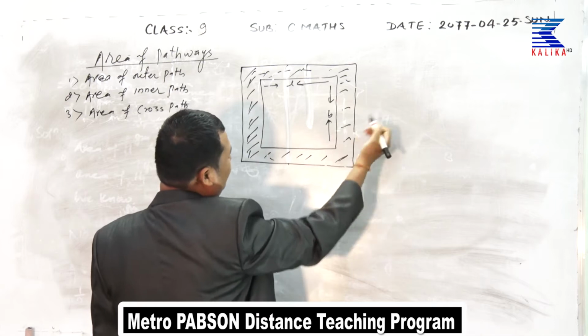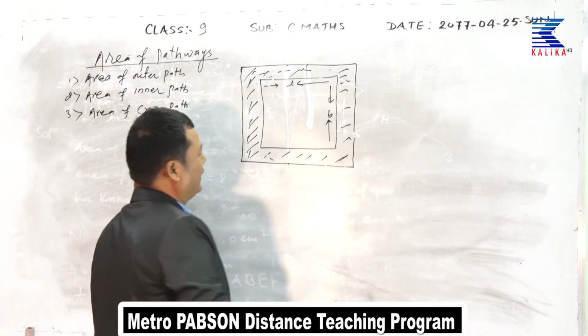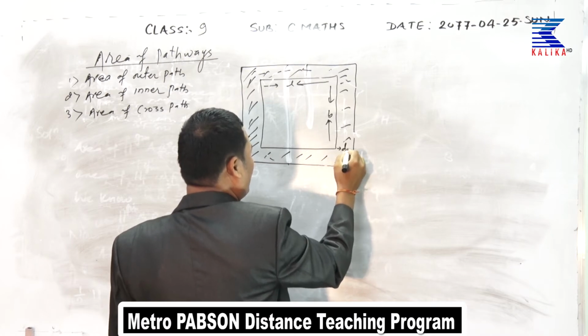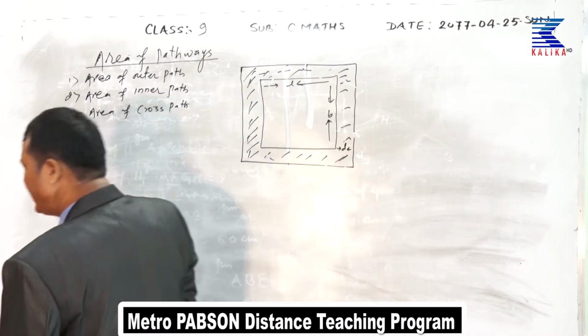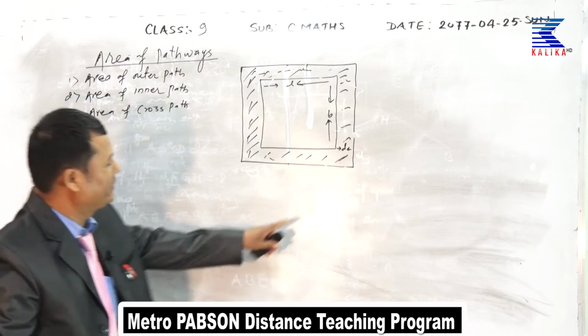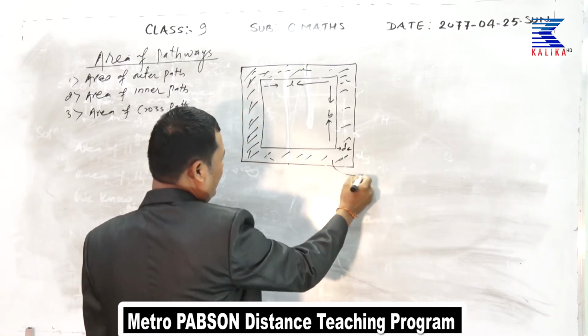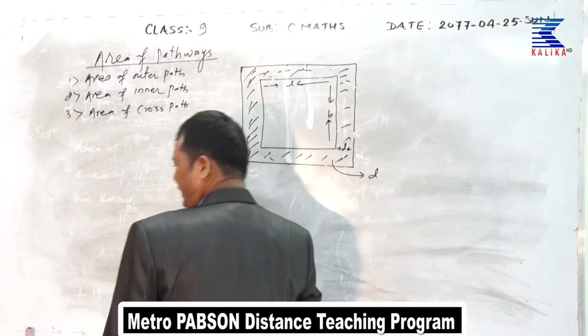The width of the path is denoted by D, or W, any one. It is denoted by D.